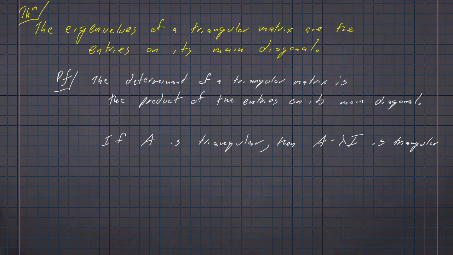The next thing I want to claim is that if matrix A is triangular, then matrix A minus lambda I is also triangular. And that should make sense if you think about it for a few minutes.